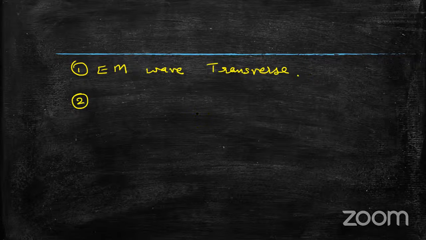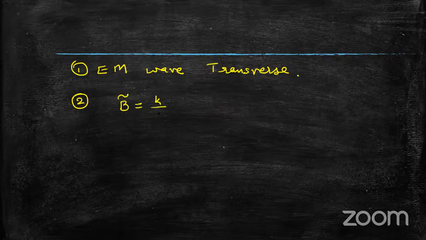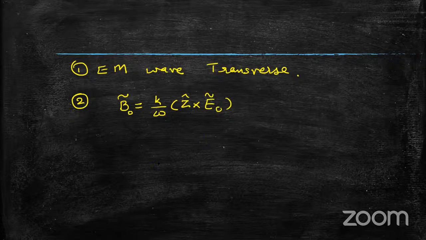From the curl, we got another piece of information that I'm writing: B is k by omega times z cap cross E, right? This we got from the curl.